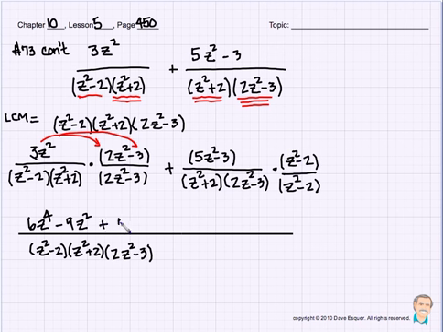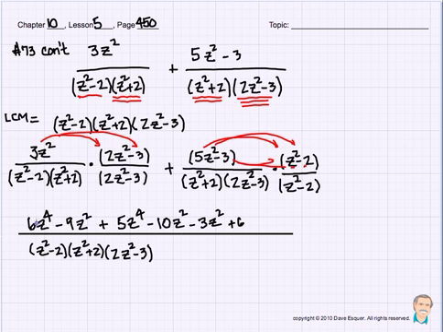And now we're going to have to FOIL the second part, plus 5z to the fourth minus 10z squared minus 3z squared plus 6. So on this second set of terms, I FOILed first, outside, inside, and last. I'm not trying to confuse you.